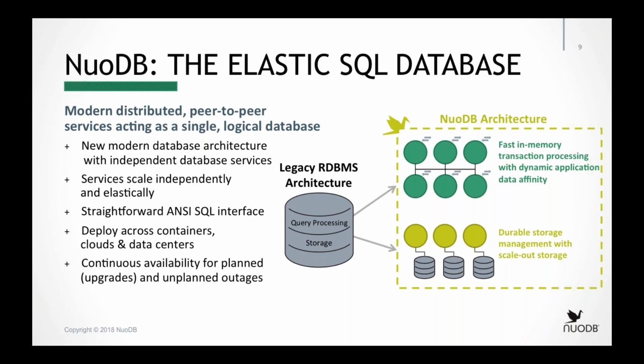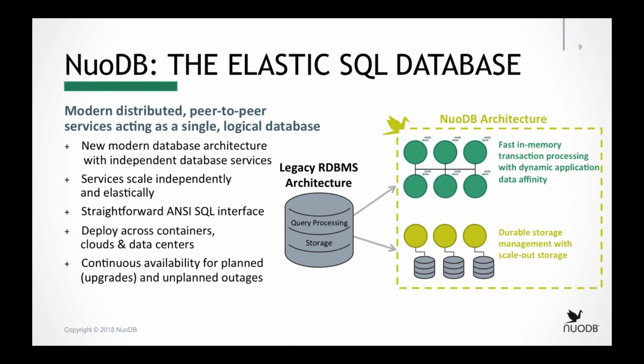So in this case, we have 6 transaction engines servicing our applications, and a durable storage redundant configuration with 3 storage managers. Typically, they would be installed across 3 different availability zones. So if you lose an availability zone, that's okay. You still have 2 others where your database continues to process and write transactions to disk.